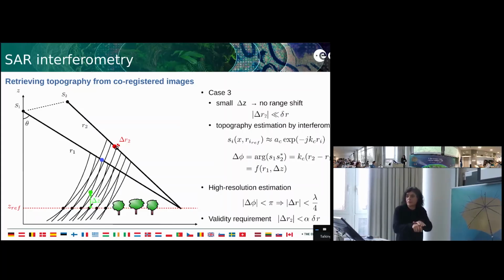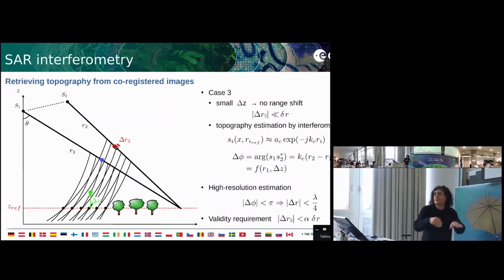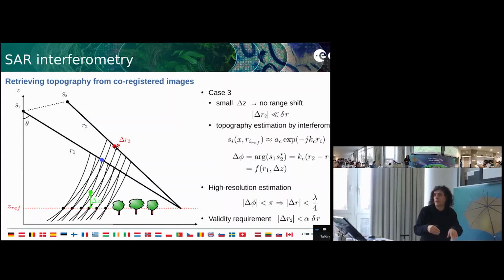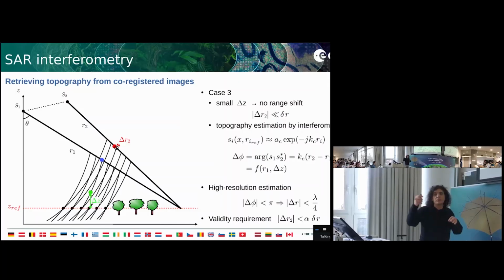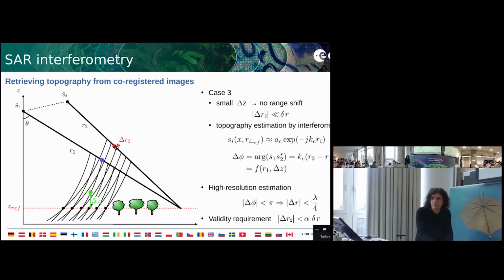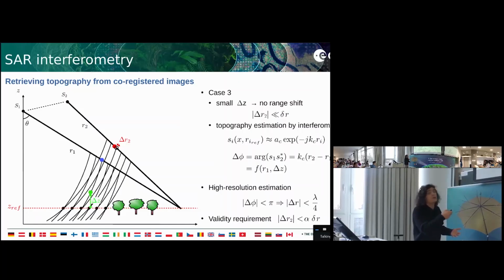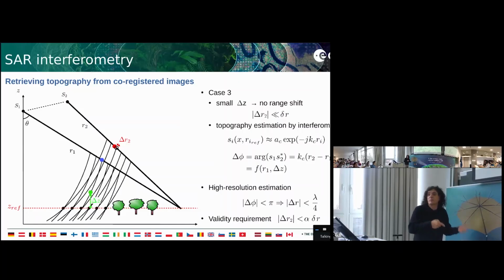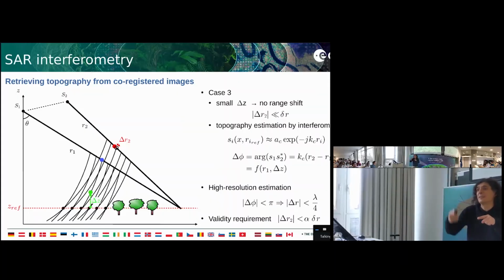You need to co-register the images so that if you have a scatterer which is over your reference geometry, then it will fall exactly at the same position in the 2 images. So if you observe no difference between image 1 and image 2, it means that the scatterer is located here. If you observe a slight variation of the position in one image with respect to the other, this means that the scatterer is not located exactly where you think it is.